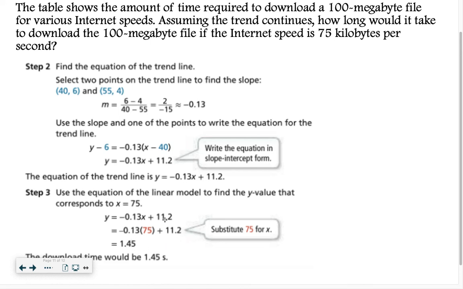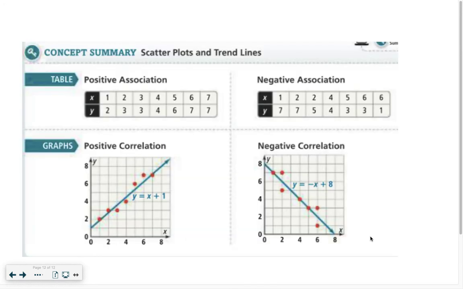And when I plug that in, I end up with 1.45. So that means the download time at an internet speed of 75 kilobytes per second would be 1.45 seconds.